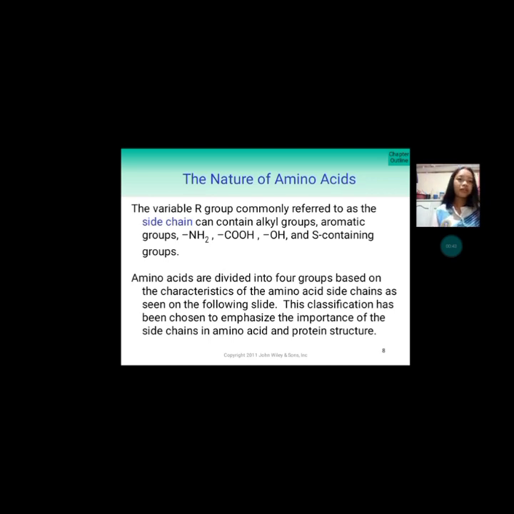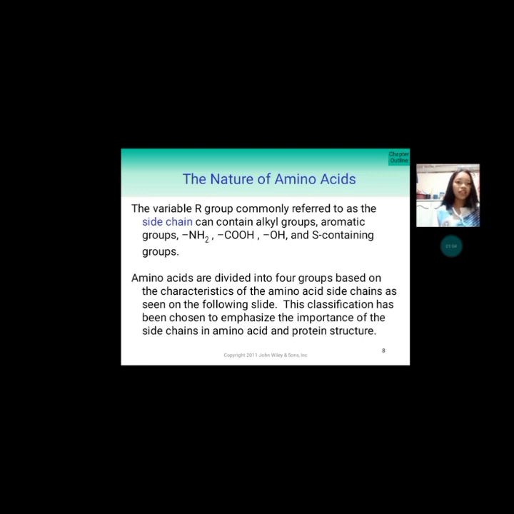The variable R group, commonly referred to as the side chain, can contain alkyl groups, aromatic groups, NH2, carboxyl group, OH, and S-containing groups. Amino acids are divided into 4 groups based on the characteristics of the amino acid side chains as seen on the following slide.